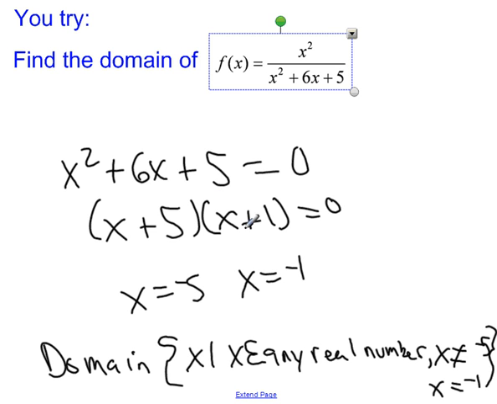So it could be any real number except these two numbers, because these two numbers will produce 0 in the denominator, which we cannot have. That's supposed to be a 0.